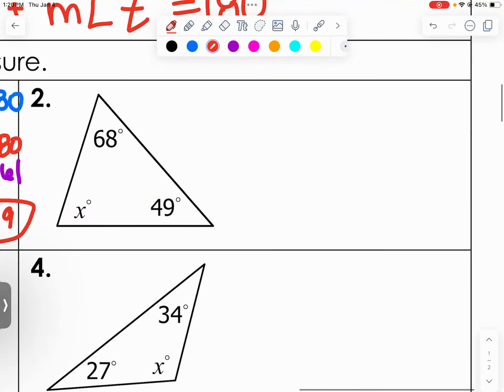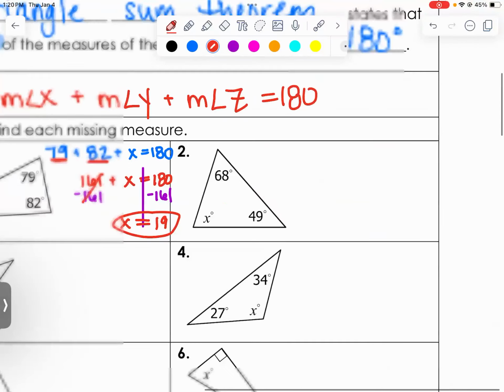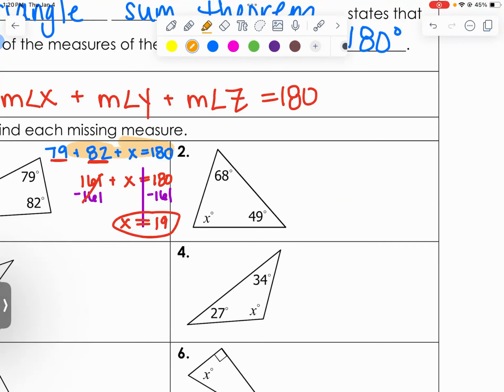Okay. Number 2, I want you to take the 3 angles and add them up to equal 180. So what I want you to do is this step right here that I've highlighted in orange. I want you to write that same thing, but for the triangle in number 2.